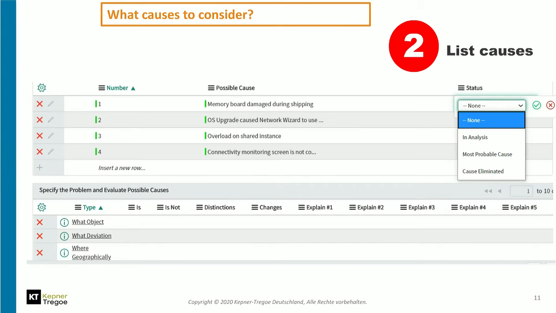Too often, technical experts imagine a cause and then take actions, but those causes and actions are not visible to the whole team. This will mean duplicating or repeating work. Once you have them all visible here, you can assign a status to each, to state whether a cause is still in analysis, is a likely cause, or is eliminated. The status will mainly be determined in one of the next steps, where we look at the likelihood of causes.